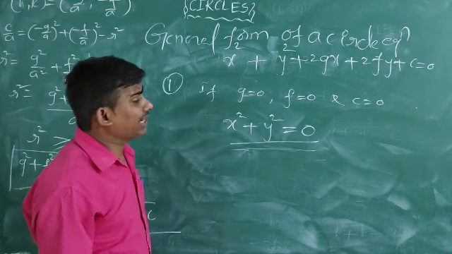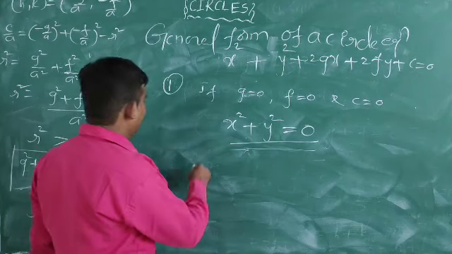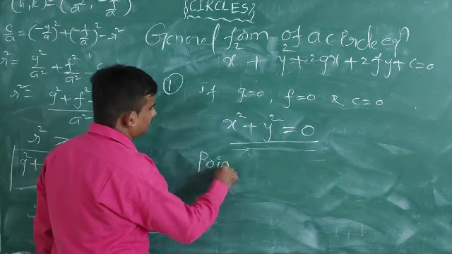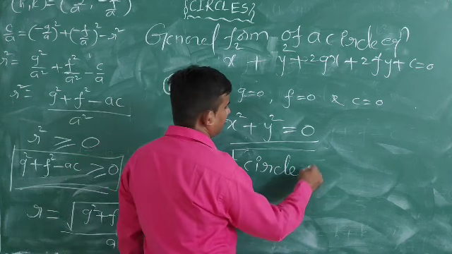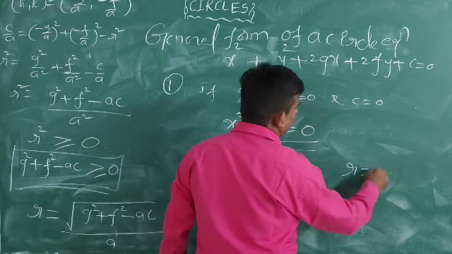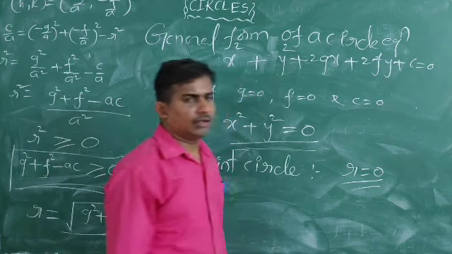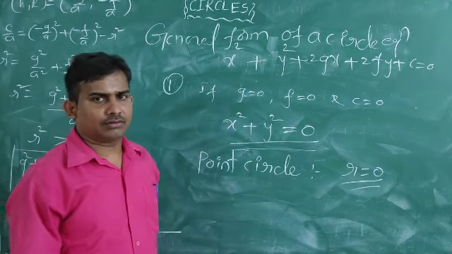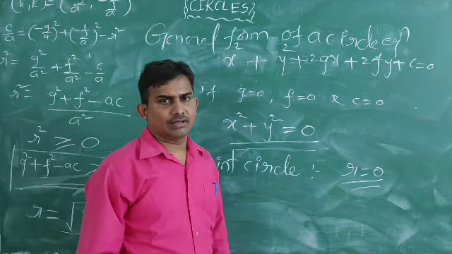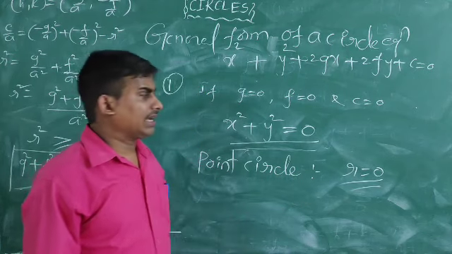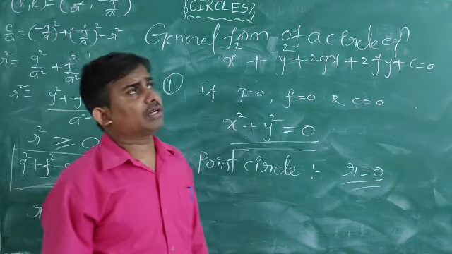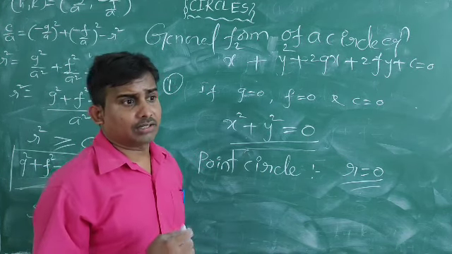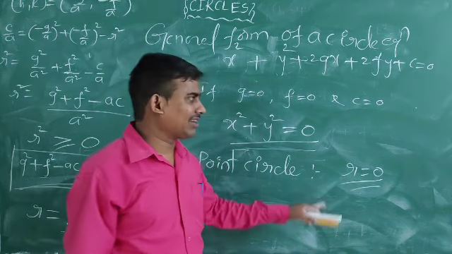What is the meaning of point circle? Here, point circle means the radius will be 0: a circle whose radius is equal to 0. There is no radius; it is a circle containing only a single point. Actually, according to our definition, a circle has infinitely many points, but here there is only one point.